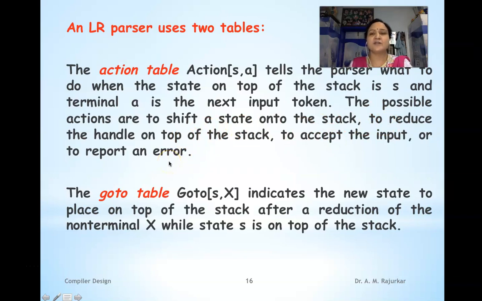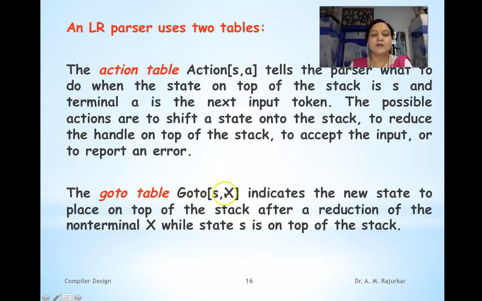Then the second part of the table is called the goto table. This goto table consists of goto[s, X]. Here s stands for state, which is a row of the parsing table, and X stands for the non-terminals of the given grammar. In the action table, we consider only terminals: when this terminal symbol is available in the input and this state is the row index, what action is to be taken.